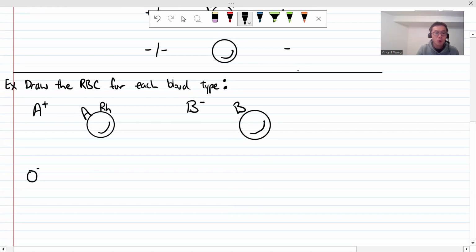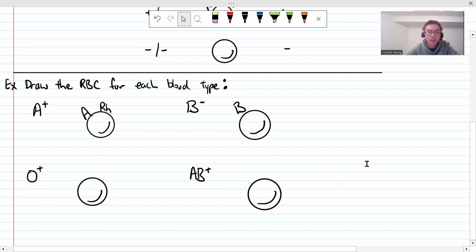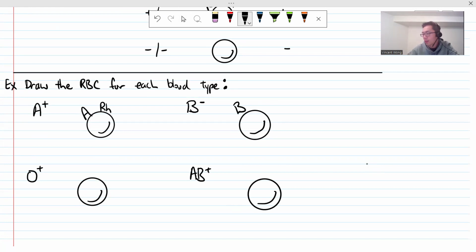What if the person is O positive? Okay, so draw O positive and then draw AB positive. I'm going to give you a minute to try that. Okay, O positive, what is on O positive?